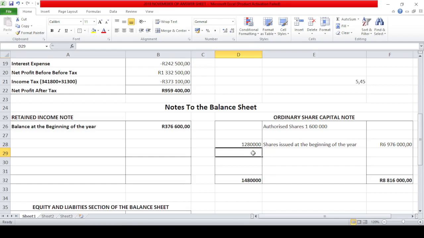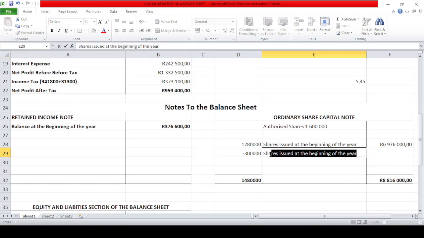So 300,000 shares were repurchased at the average price, which is 5 rand 45 cents.